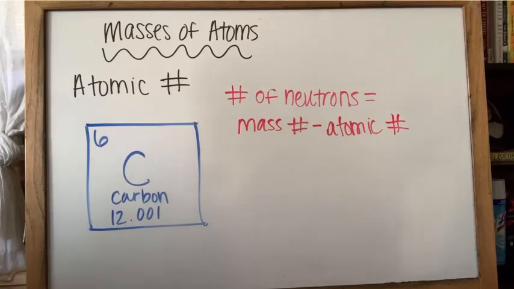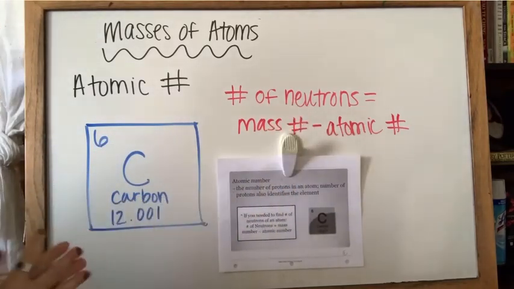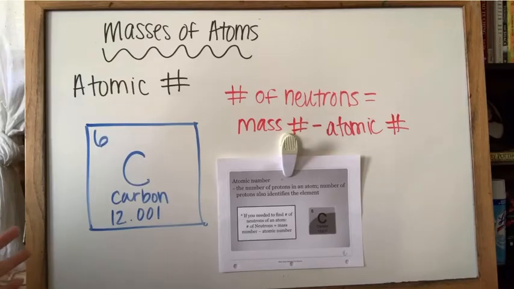So what our atomic number is, and let me go ahead and hang your slide up really quick. Your atomic number is the number of protons in an atom. It is also the number of protons that identifies the element. So carbon is identified by its atomic number, which is 6.